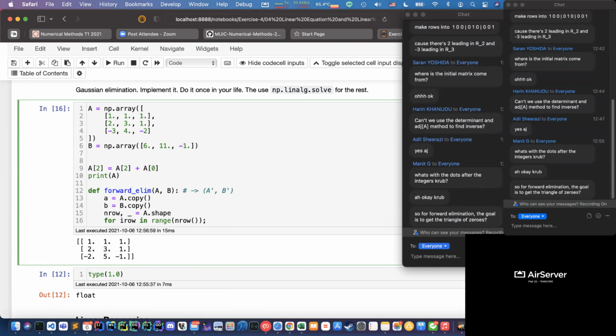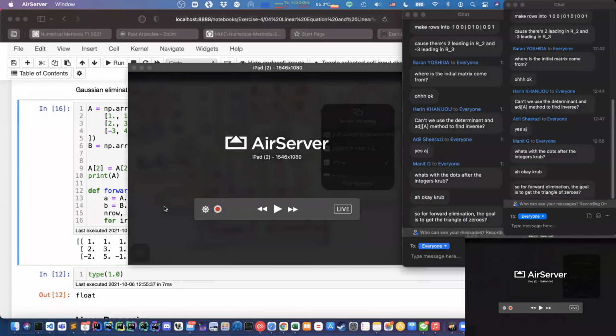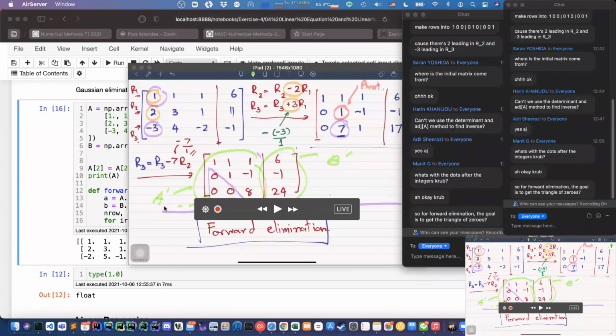The goal for the forward elimination, you want to get that triangle of 0s. Ah, the screen is gone. 2 seconds. Yes, the goal is to get that triangle of 0s.